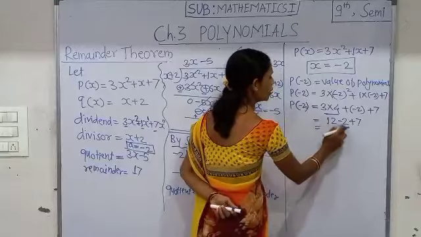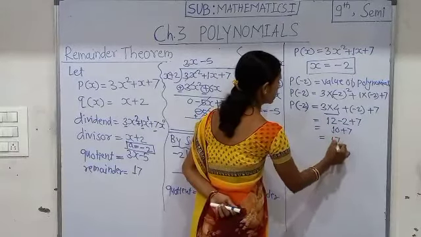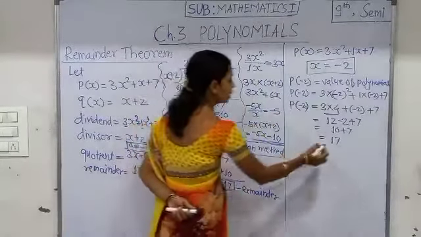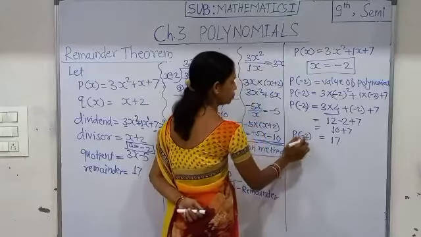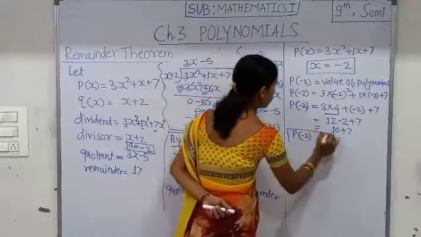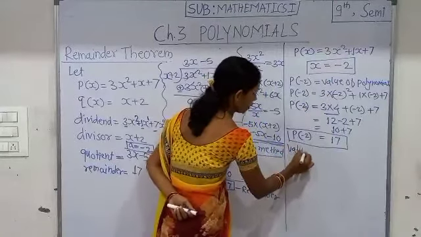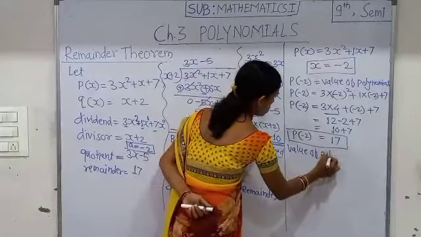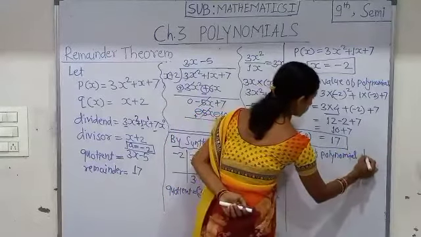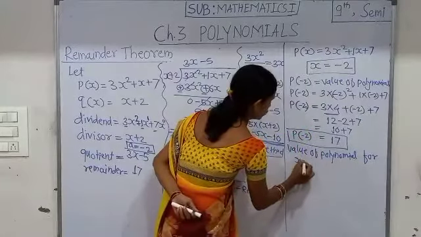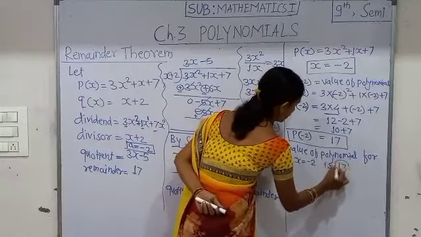Then 12 minus 2, that is 10, plus 7. Here we get 17. Then see here, p(-2), that is the value of the polynomial for x equal to minus 2, is 17.